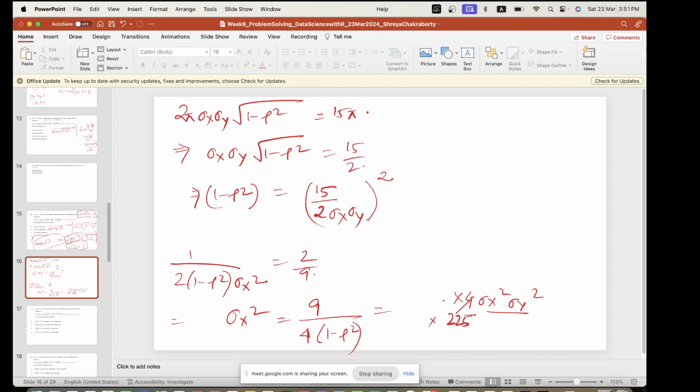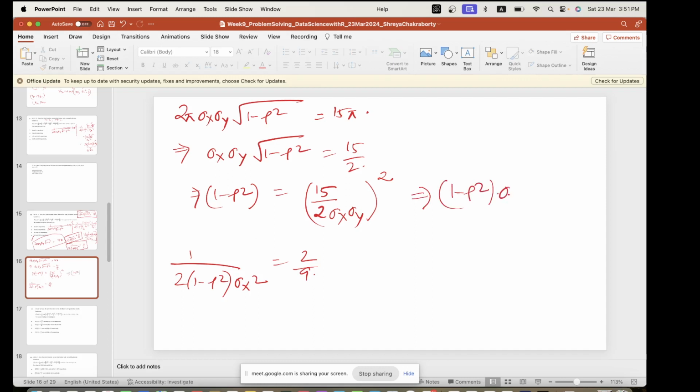One second. Something is wrong with me. So if I write from here, 1 minus rho square into sigma x square, this entire thing is nothing but 225 by 4 sigma y square.